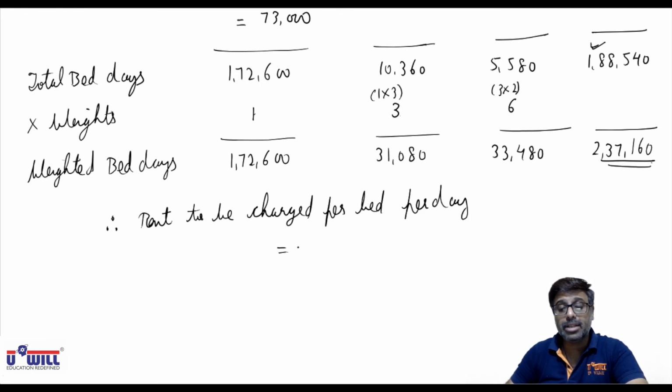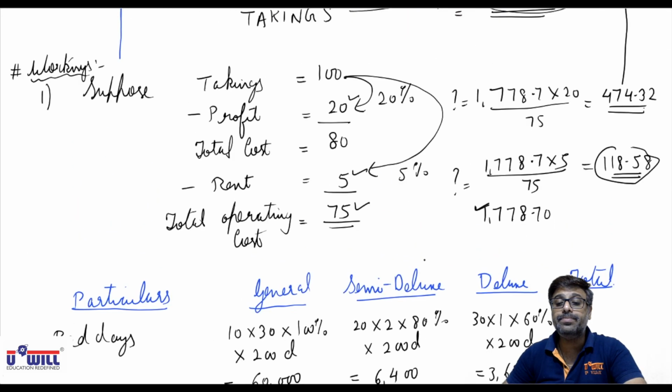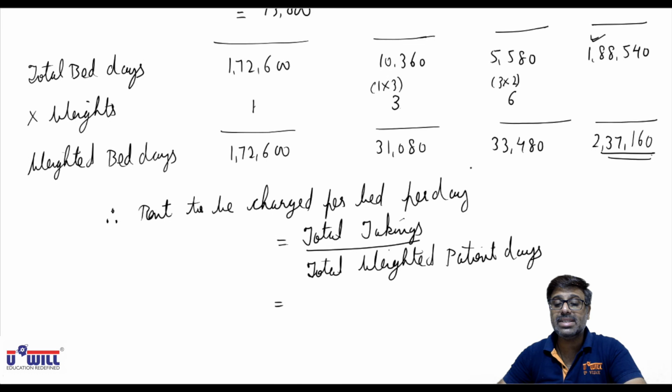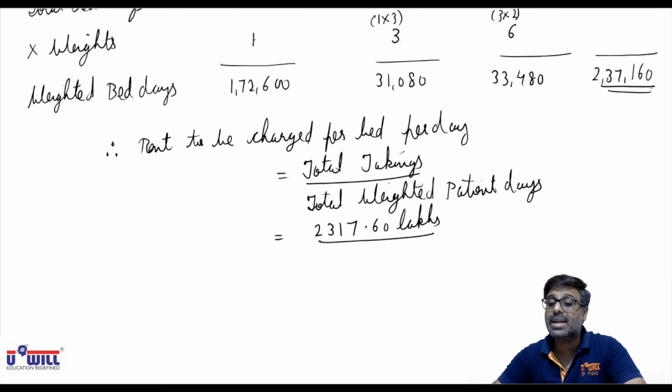Whatever are the total takings that we are going to recover from total weighted patient days or bed days, means we are going to recover 2317.60 lakhs divided by total weighted patient days 2,37,160.